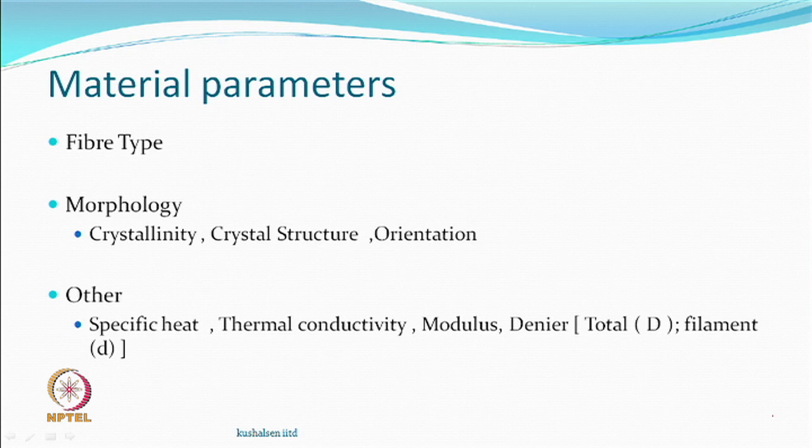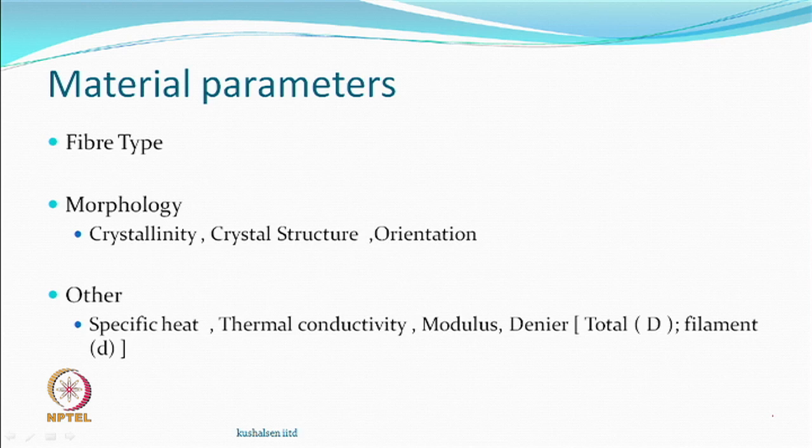So, in the material parameters, obviously we should be concerned about which type of fiber we are using. We should also be concerned about the morphological characteristic of the material. Does it crystallize? What kind of crystallinity does it have? Is it oriented structure? Not so much oriented structure. And crystal itself can have different structures.